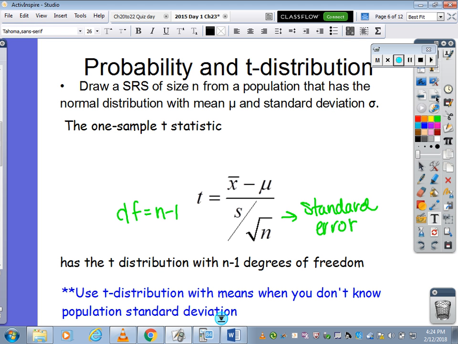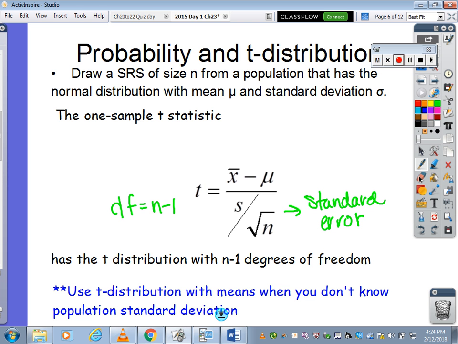We're going to draw a simple random sample of size n from a population that has a normal distribution with mean mu and standard deviation sigma. We're going to make a one-sample t statistic. It looks very close to our z-score, with only one slight difference. You can label your degrees of freedom as a subscript; your degrees of freedom is n minus 1.